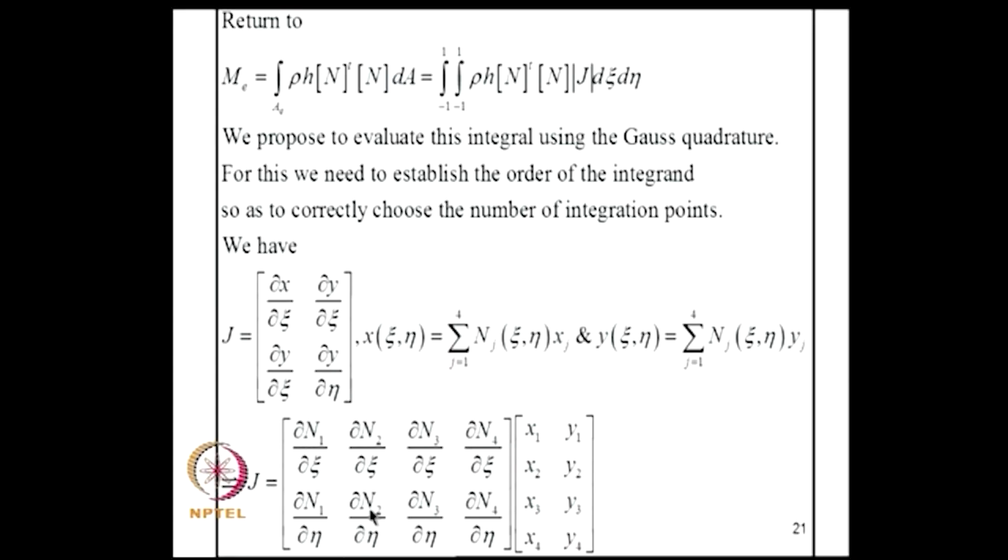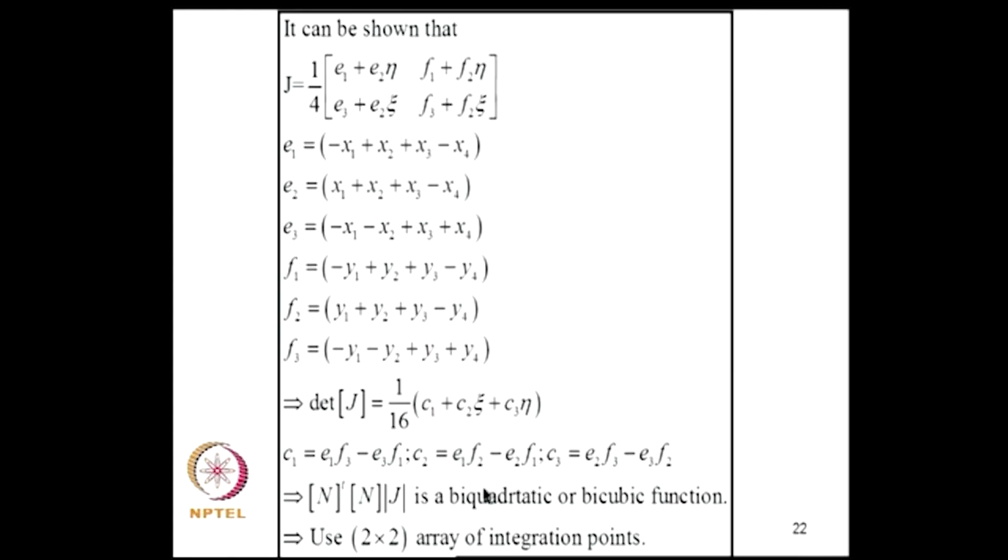The first matrix contains derivatives of N1 and N2 with respect to xi and eta, and the second matrix contains the coordinates of the nodes. Okay. So, all these quantities are known, so we can go ahead and perform the calculation. It is quite straightforward to do this.